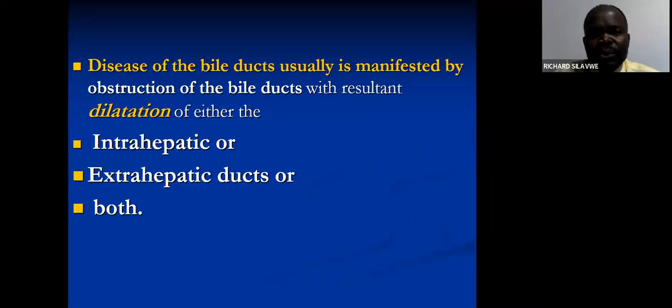Then we have diseases of the bile duct, which usually manifest as obstruction of the bile duct with resultant dilatation of either the intrahepatic or the extrahepatic duct, or there can be dilatation of both.